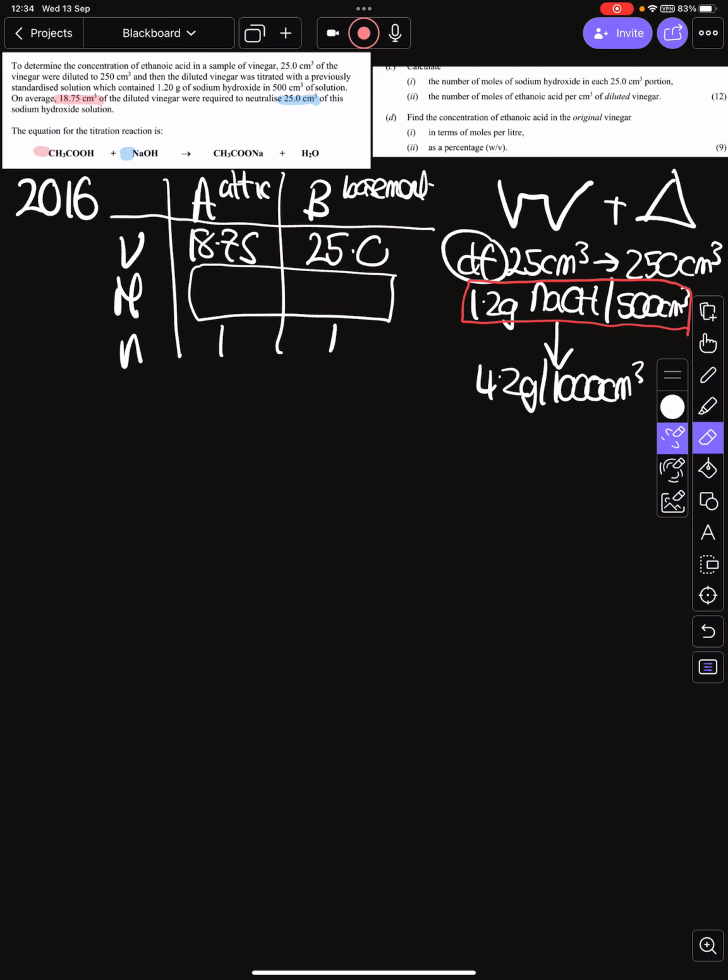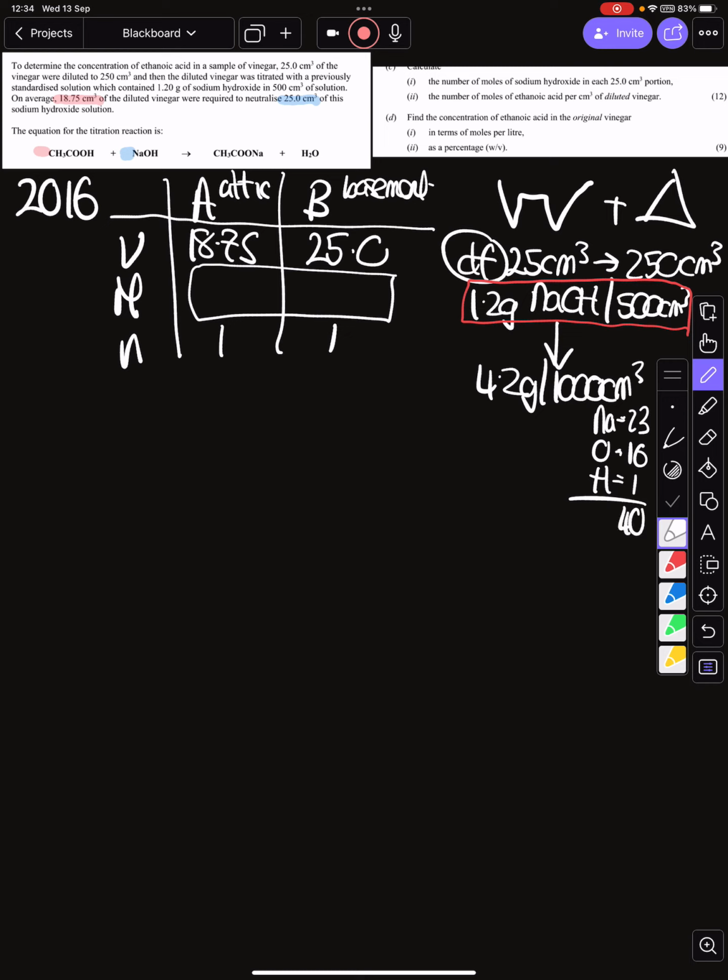So NaOH, when we do it, is Na is 23, oxygen is 16, hydrogen is equal to 1. So 23, 24, and 16, I can do this in my head, is 40 grams. So for my mass triangle, I would have 4.2 over 40. And when I do that piece of maths, I get 0.06, and this value I'm now going to put up into here for my base.